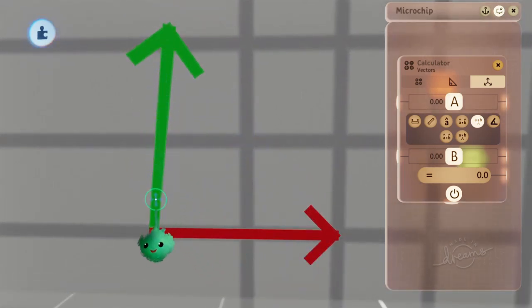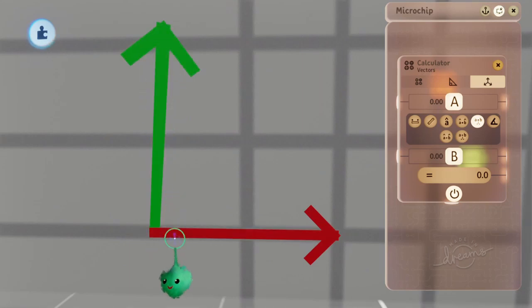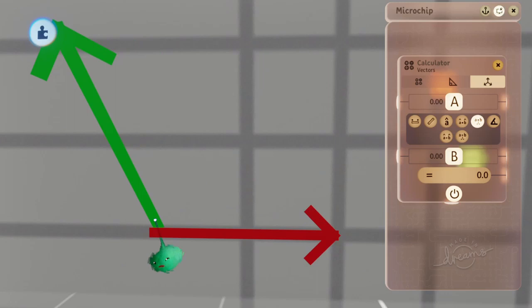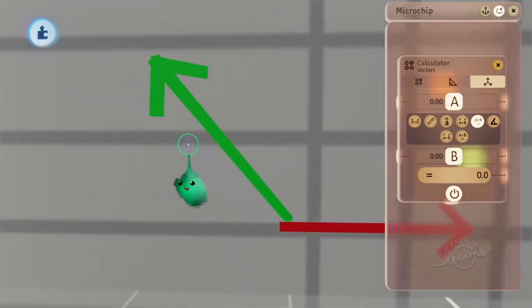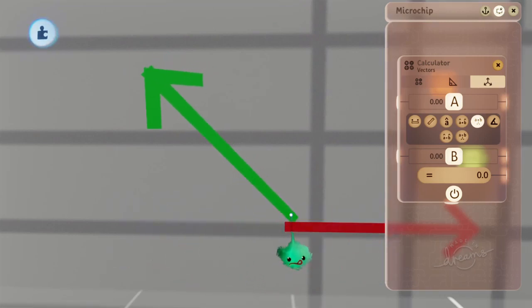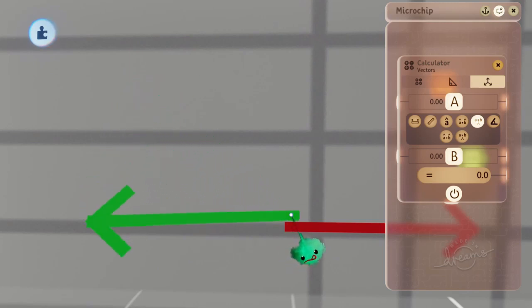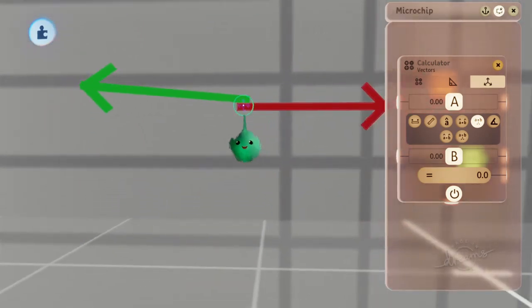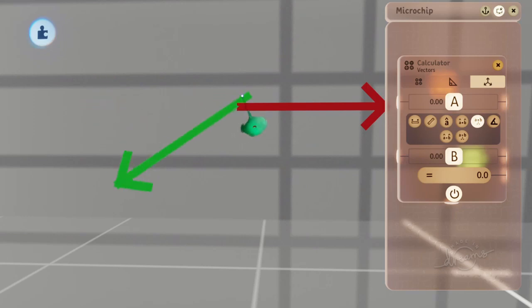Now it's giving you 0 because none of this is covered by the arrow. Then you keep going and it gets negative because if you drop a line down there on that graph, you're in the negatives now, because that's the 0, that's the positive, and that's the negative. And it gets more and more negative until it gets to negative 1, and then back round to 0, and then 1 again.